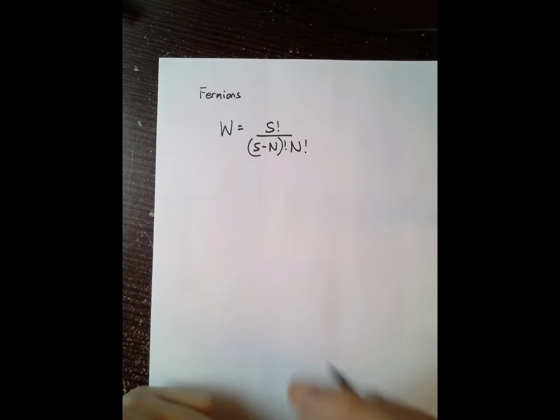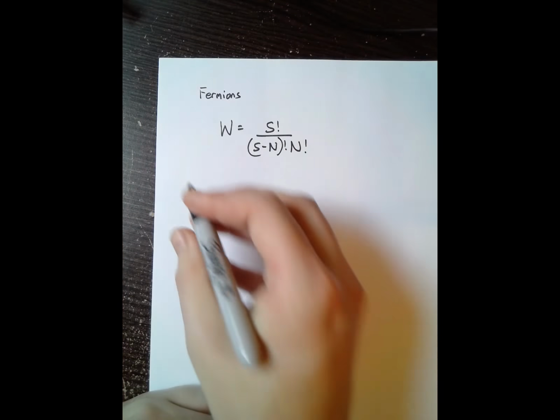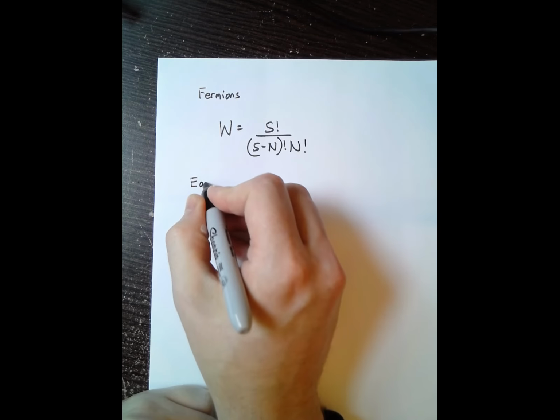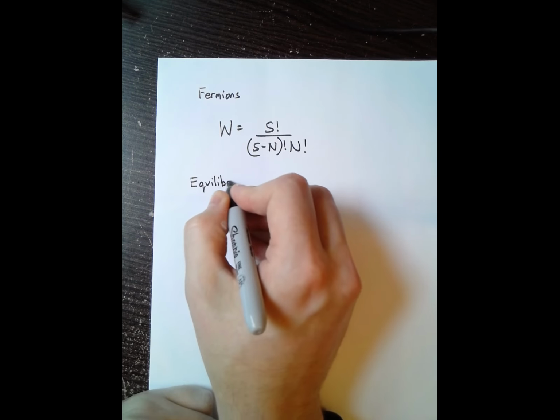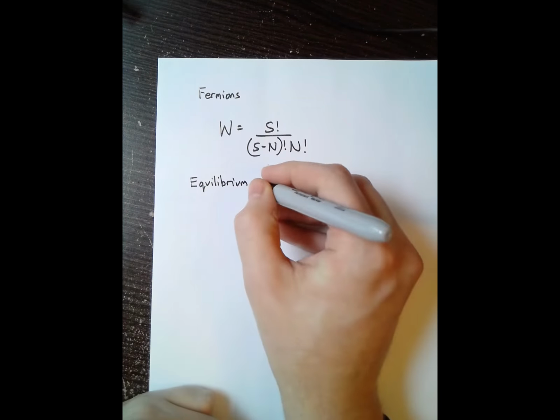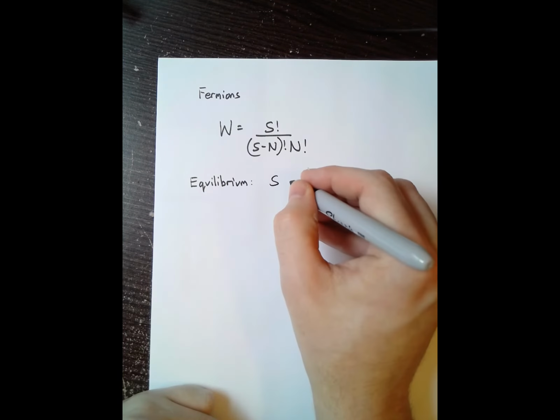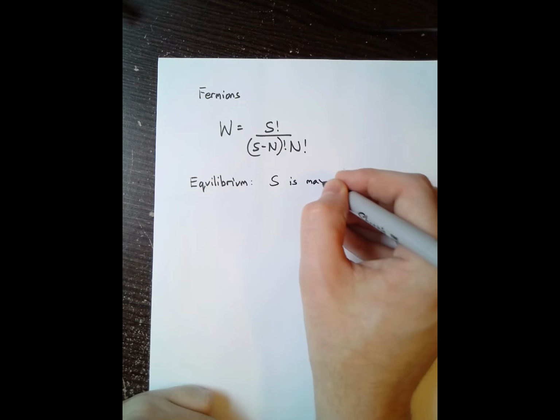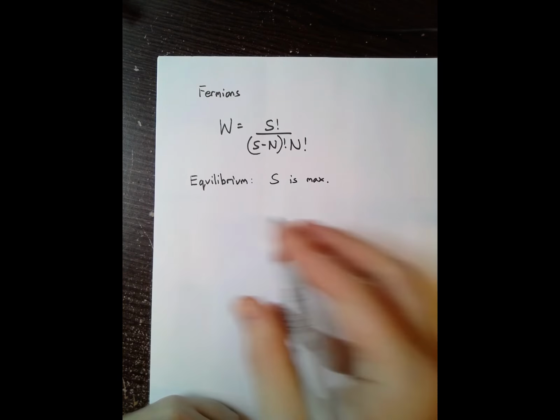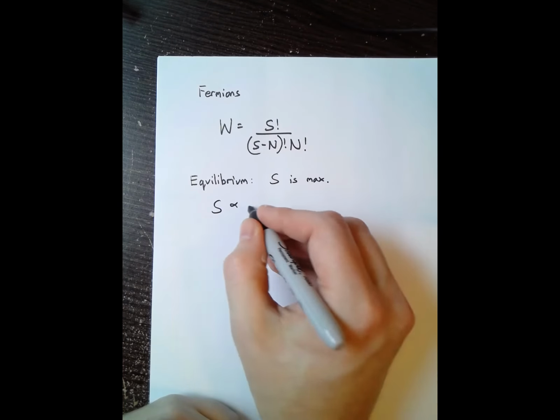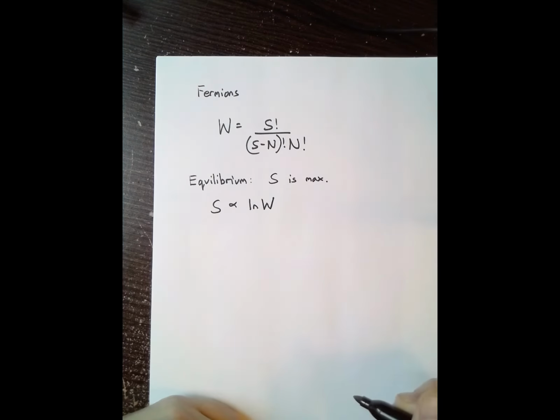How do we derive the distribution function? Well, you use the fact that in equilibrium, this is going to be implicitly the equilibrium distribution function. We know that S is maximized. The entropy is a maximum, and S is proportional to log W.